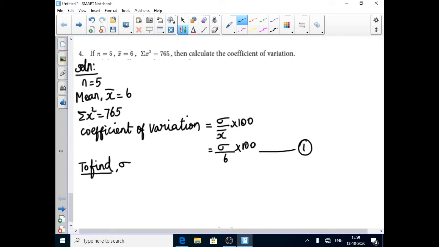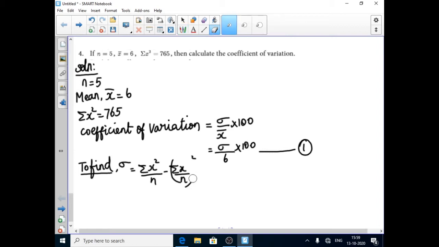Sigma, the standard deviation, is equal to the square root of sigma x squared by n minus sigma x by n whole squared.